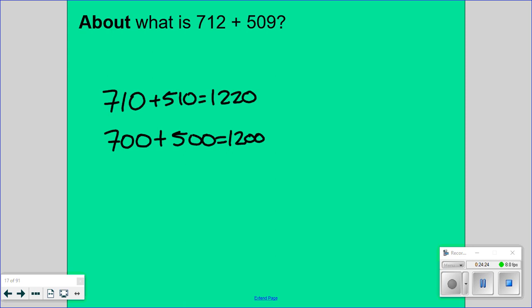I'm going to erase those tens and ones and make them zeros. Way easier. Then he said, okay, plus 509, too hard. I'm going to erase those ones and zeros and just make it 500. So now he's left with some easier numbers to solve. Does that make sense? Yes.